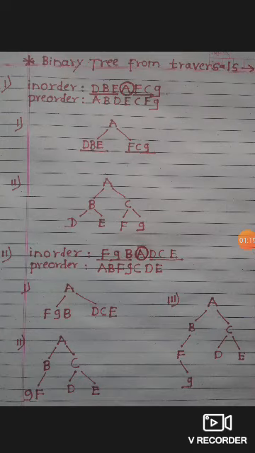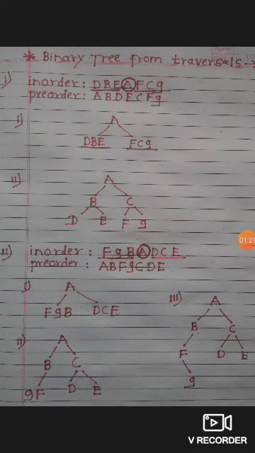So I first move towards step 1. In step 1, I first read the pre-order sequence. In the pre-order sequence, the first character is A, so I make A the root.